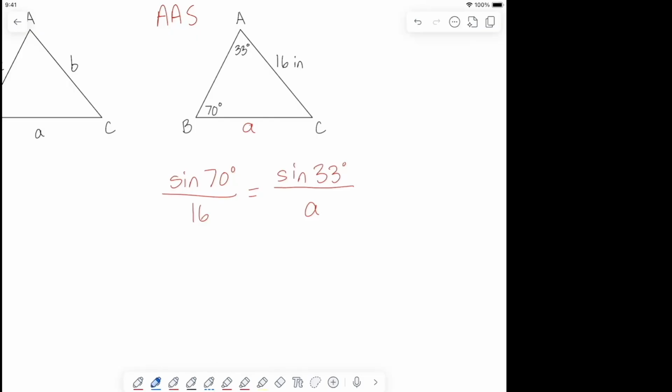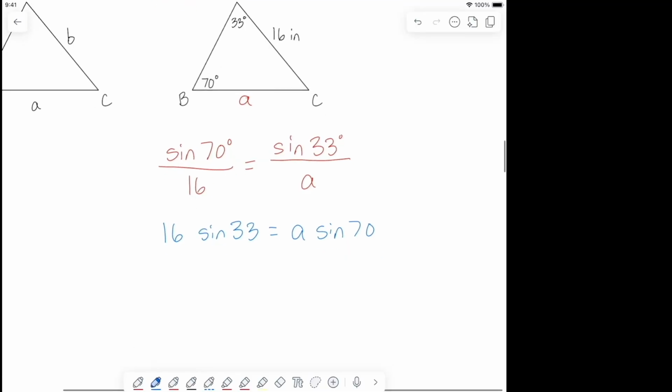So I'm going to cross multiply and get 16 times the sine of 33. And typically you don't have to write the dot there to multiply. 16 times the sine of 33 equals A times the sine of 70 degrees.